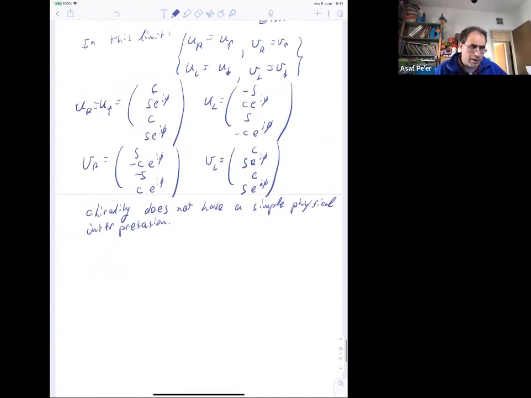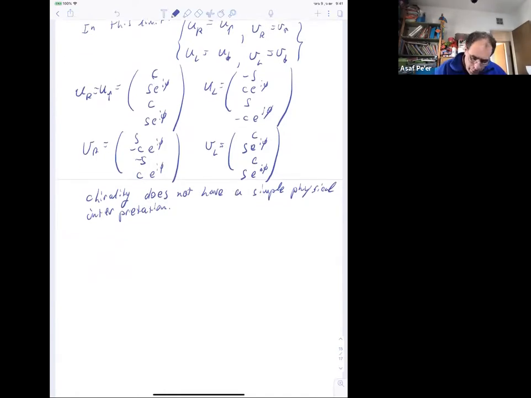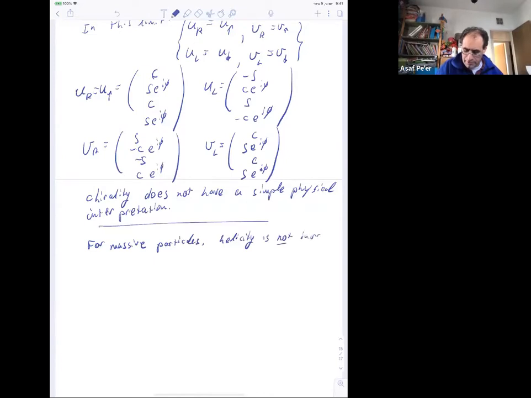If we compare helicity and chirality, for massive particles helicity is not invariant under boost, but chirality is, because it's intrinsic.